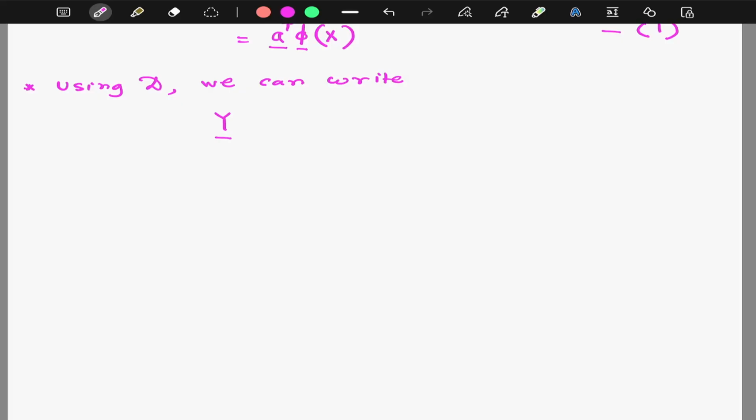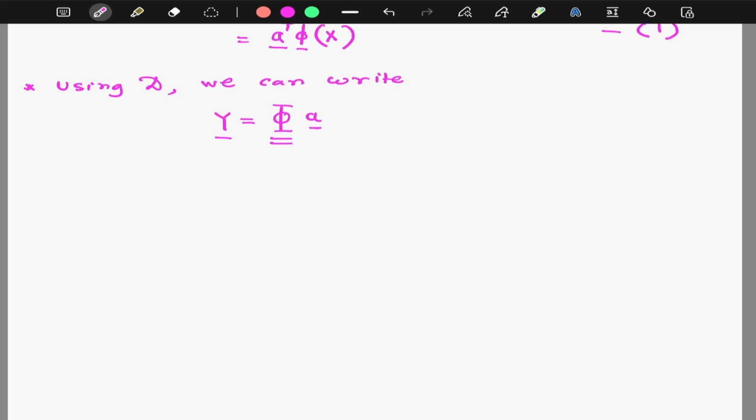How many elements? N. N data points, n elements, right? It is equal to phi, now this is capital phi, and this is a matrix, times A. A remains the same, it is a vector as before.